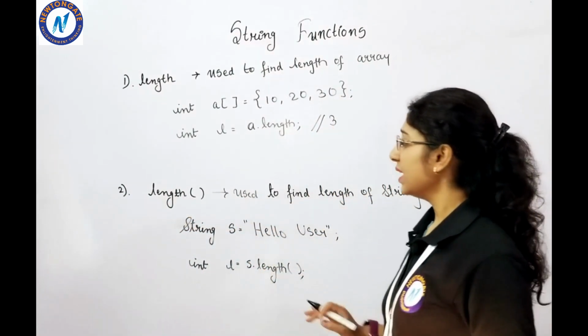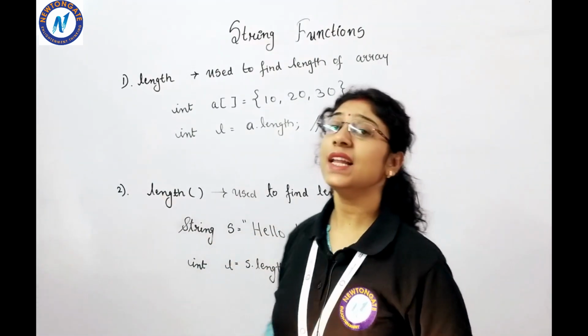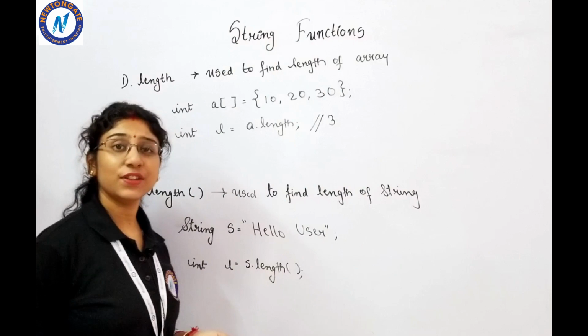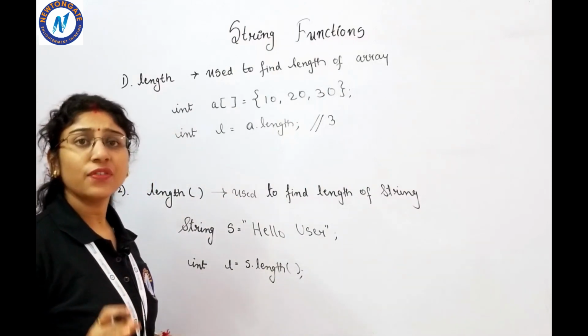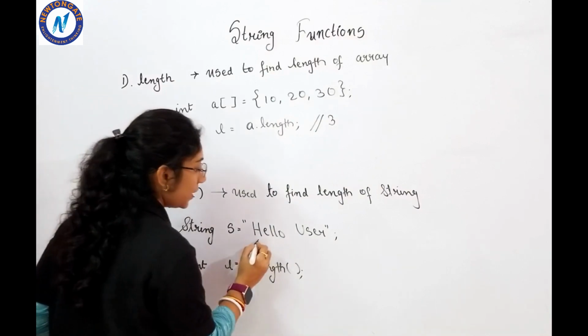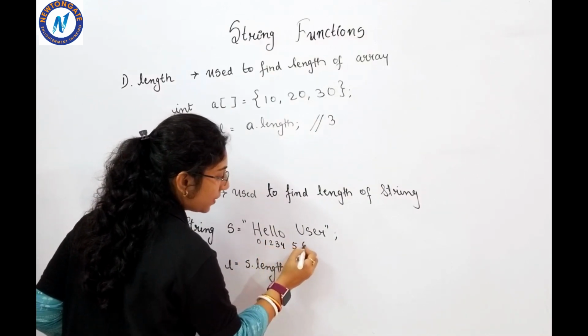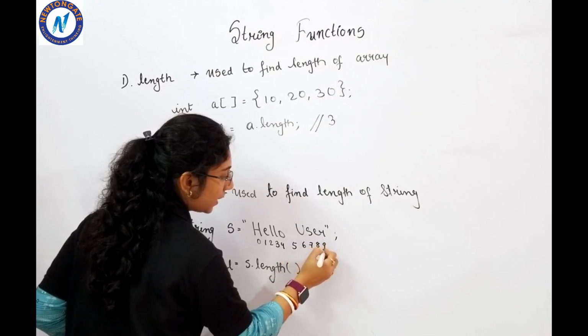Now the second length function is used to find the length of a string. So how? String s equals to, I have written hello user. Then int l equals to s dot length function. The indexing of a string will always start from 0, that is 0, 1, 2, 3, 4, 5, 6, 7, 8, 9.